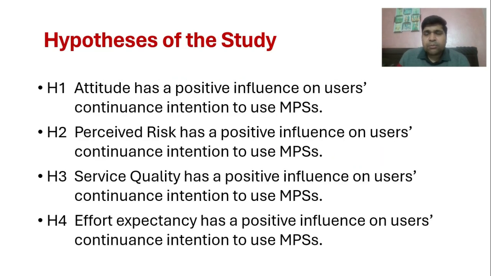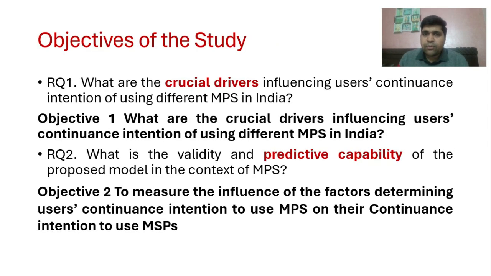Now, if we see the hypotheses of the study, they come out from your objectives and you elaborate them. An objective is broad, and under one objective come these hypotheses. They come out from the second objective, where we are establishing a causal relationship. If I go back, what are the crucial drivers influencing users' continuance intention of using the different MSPs in India?